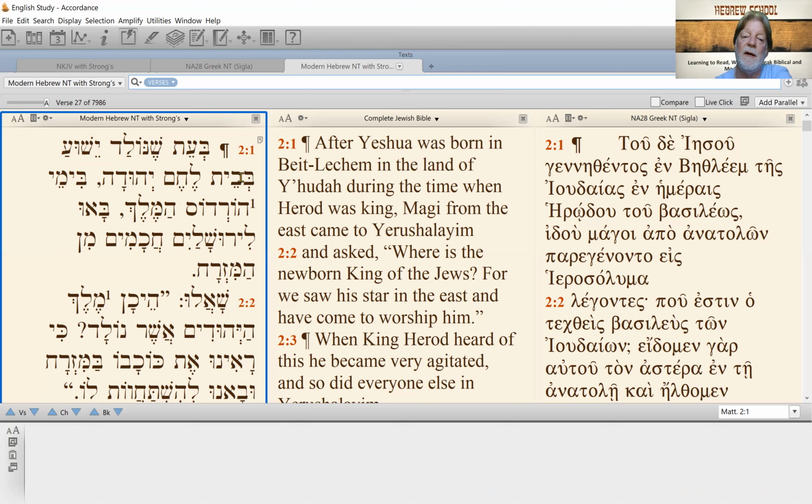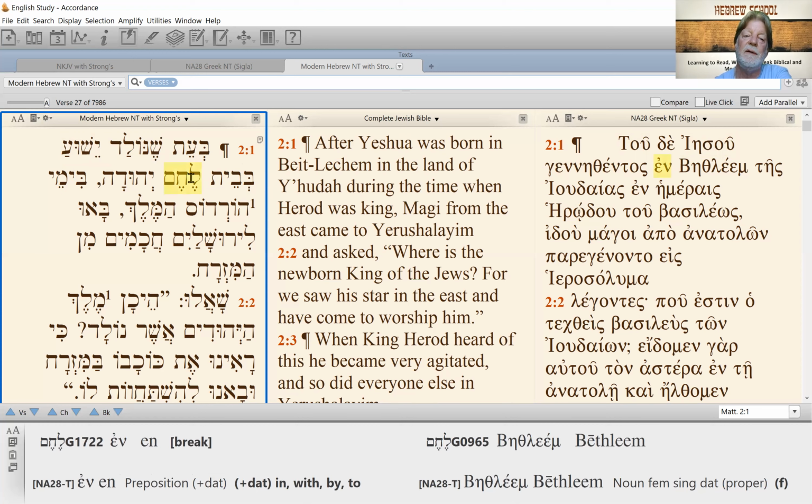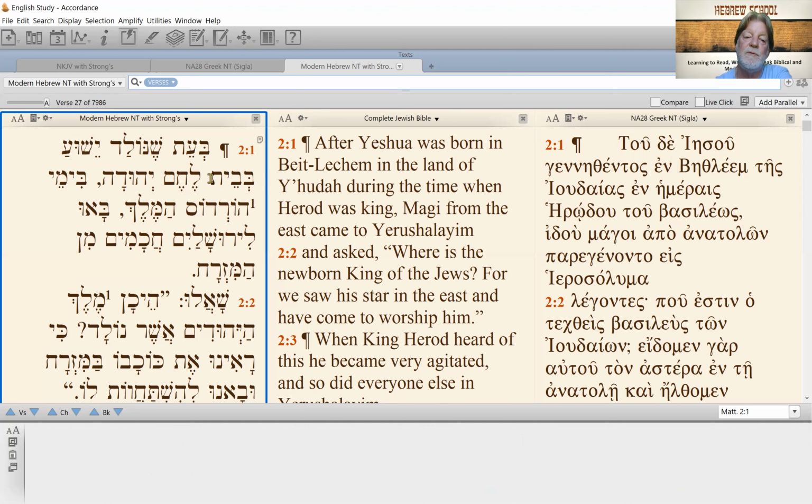Bavet. Here we've got the Hebrew word for house, veit, with a bait prefix. So in veit lechem. Now, sometimes that's the name of the city, Bethlehem. Sometimes Beit Lechem are joined as one word, but here in this text, they're separated.